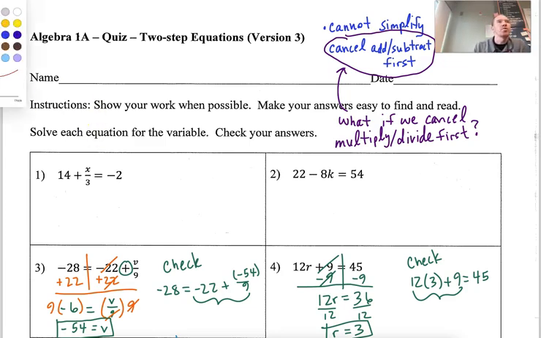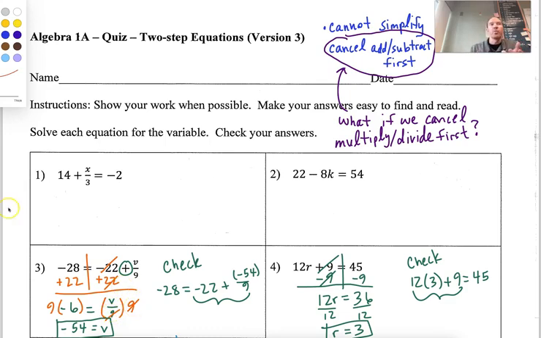So the trick is that when I add, subtract, whatever I do, I do it to the entire left side of the equation. I do it to the entire right side of the equation. Looking at number 3 down here, when I added 22, I added it to the entire right side, but because addition and subtraction, you can only combine like terms, adding 22 does not affect v over 9.